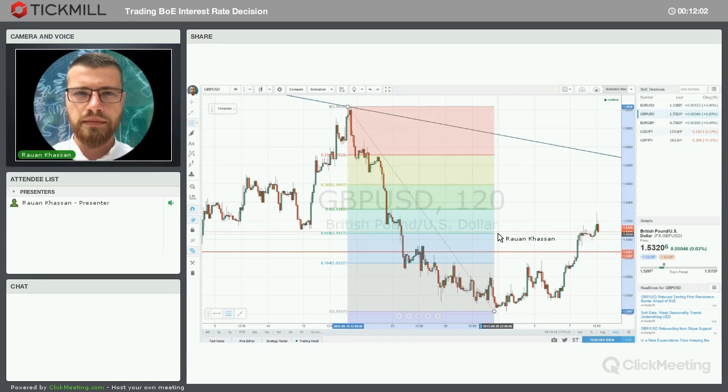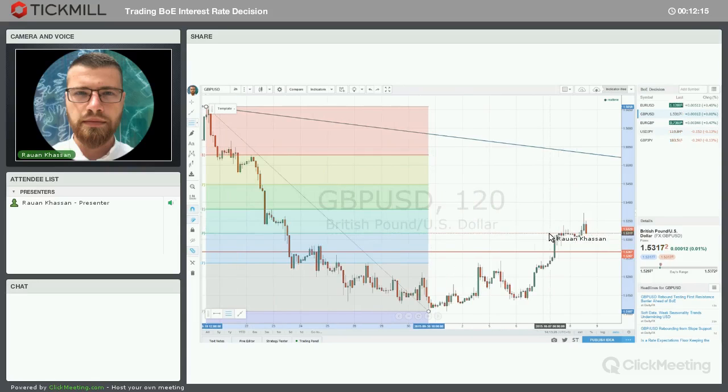The closest is 0.0618 at 1.5317. As you can see, this level was quite important for the pair in recent trading, as it played as a clear resistance barrier for the pair.